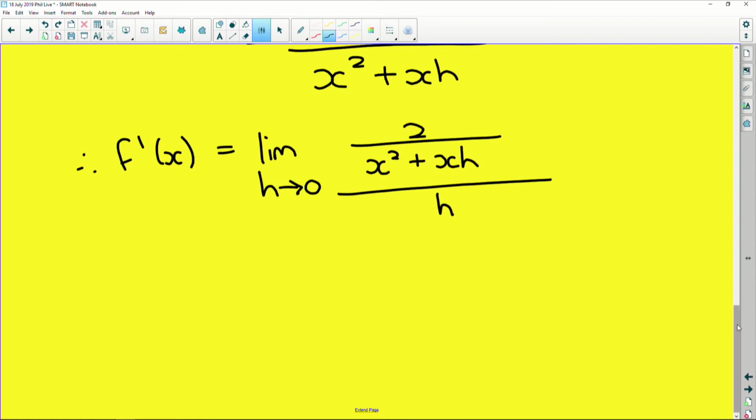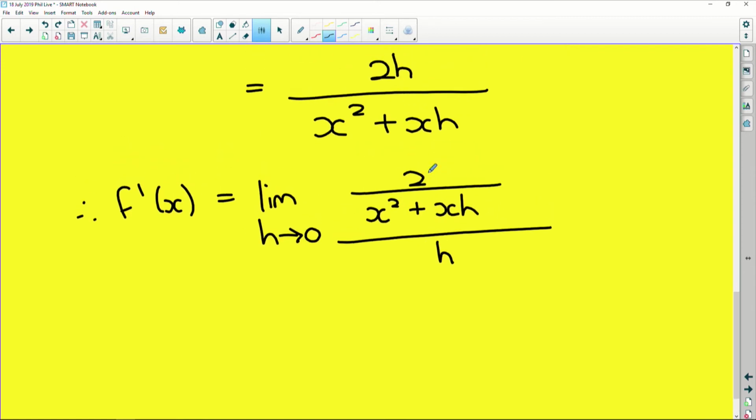Okay, so now the idea is to get this h out of the denominator, because when we take the limit as h tends to 0, remember you substitute h equals 0 into wherever there's an h. So if we have h equals 0 down here, we're going to have an undefined fraction. So let's look at this.